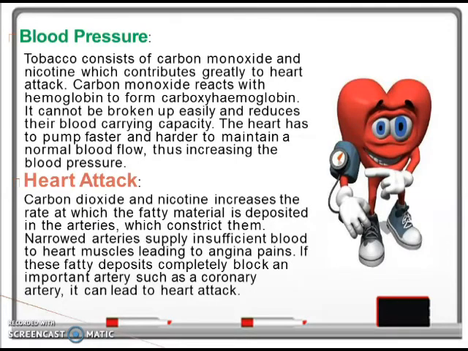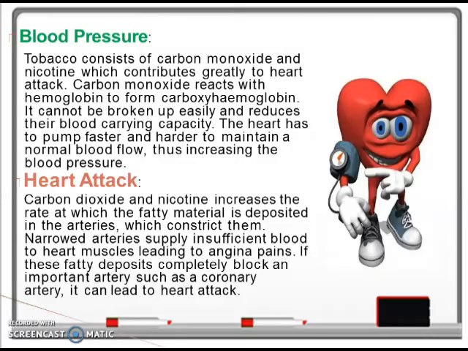Carbon monoxide reacts with hemoglobin to form carboxyhemoglobin. It cannot be broken up easily and reduces their blood carrying capacity. The heart has to pump faster in order to maintain a normal blood flow, thus increasing the blood pressure.